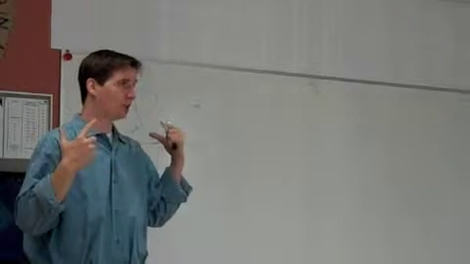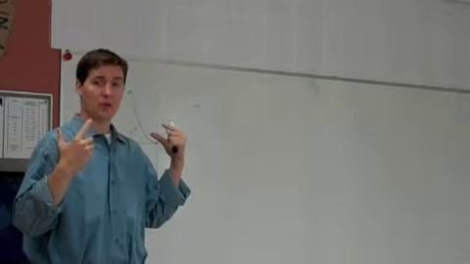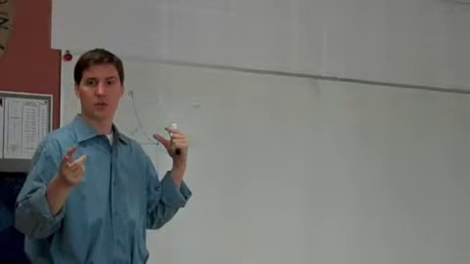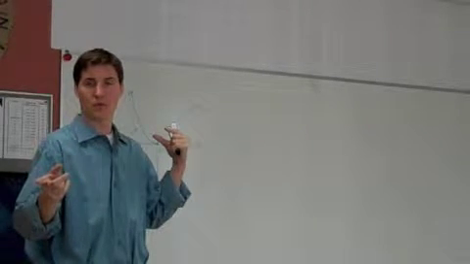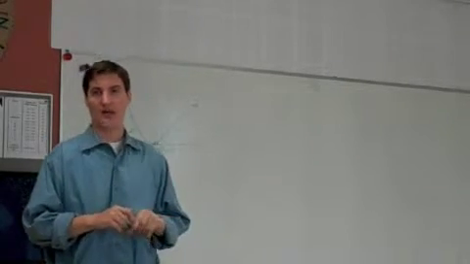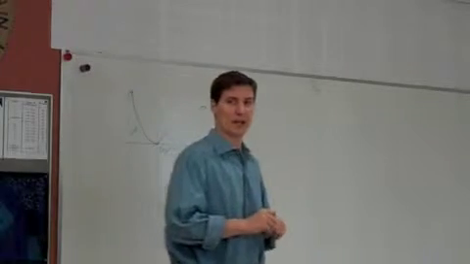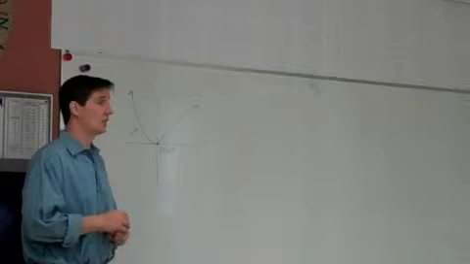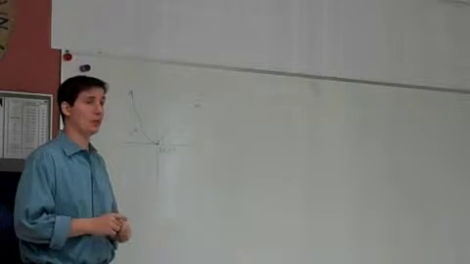What did it say, David? It said that as long as it's approaching from one side, the endpoint, yeah. So one-sided again. What's the limit as x approaches 0 from the left? 0.